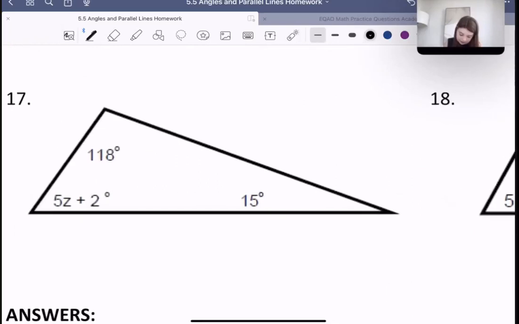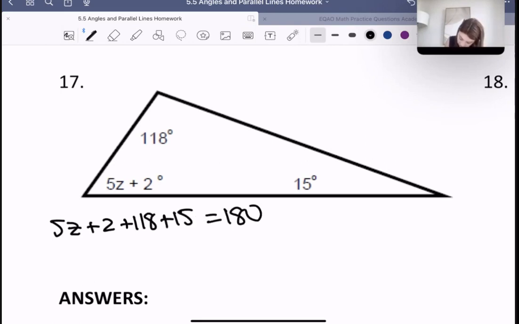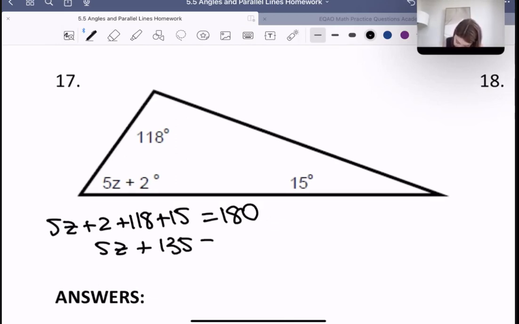Okay, let's move on to number 17. For this one, we know that all three angles must add up to 180. So that means 5z plus 2 plus 118 plus 15 is equal to 180. So that means we have 2 plus 118 is 120, plus 15 is 135, so 5z plus 135 is equal to 180.